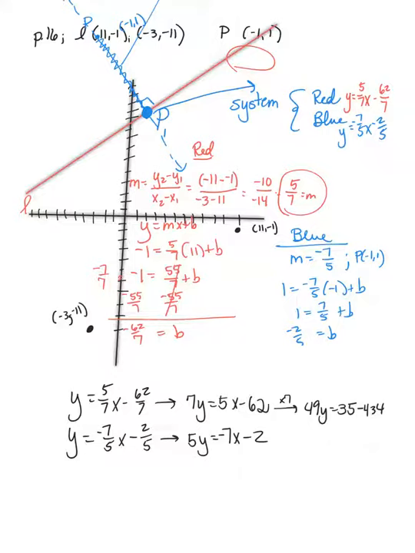And then let's multiply the bottom one through by 5. 25y is negative 35x minus 10. So see, our 35x's, our x's are opposites.